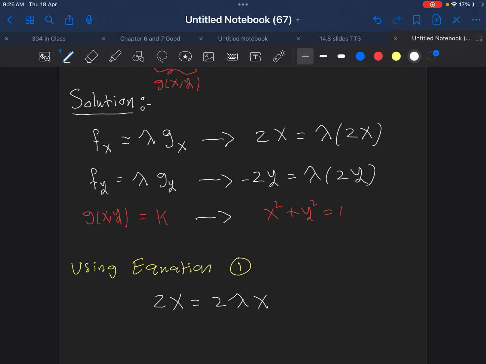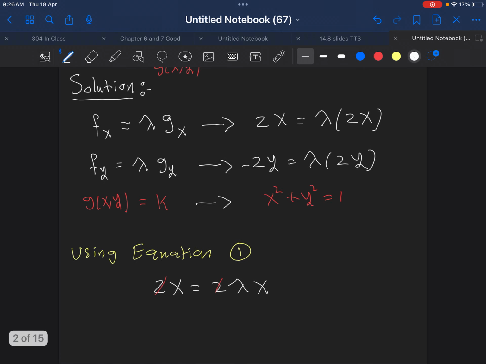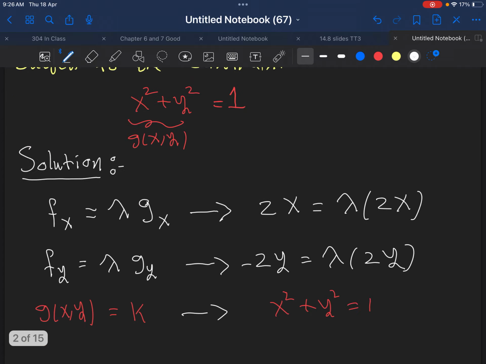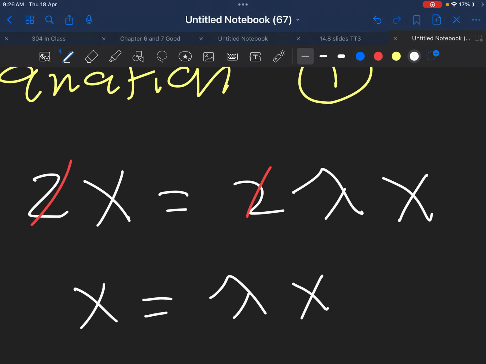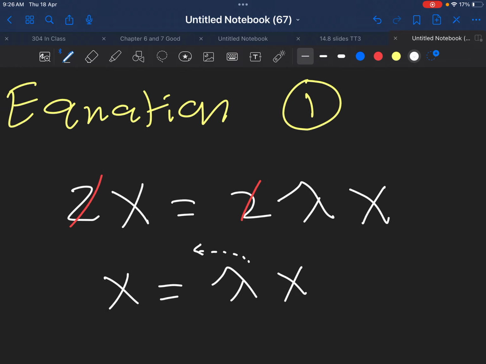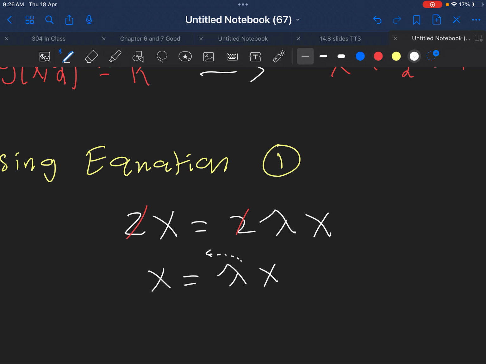Okay, what shall we do? Now, of course, the 2 and 2, you can cancel, so you will end up with x equal lambda x. Now what you need to do here is take this side to the other side with a negative sign. That's a better idea. So you will get x minus lambda x equal to 0.